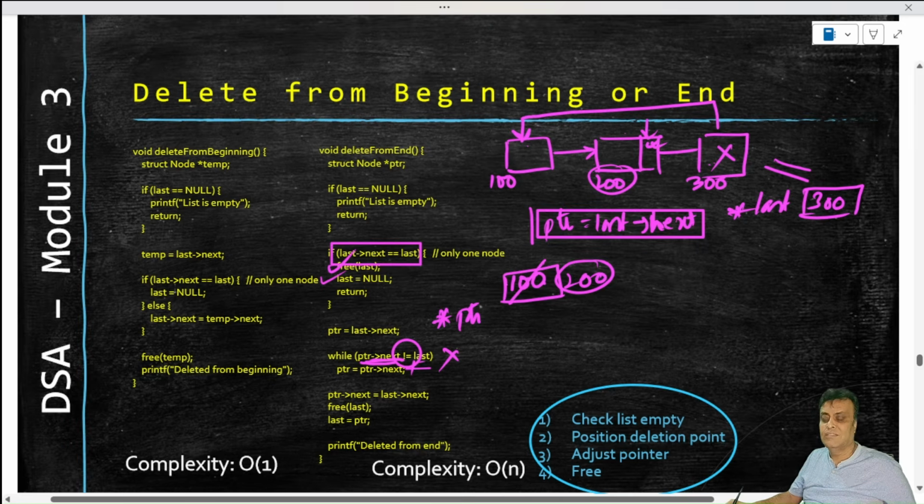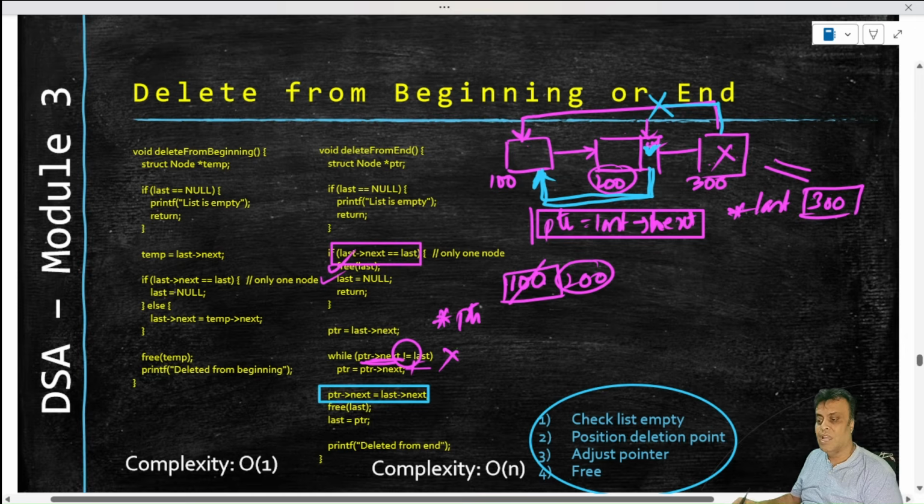I am trying to remove this link and make my PTR next, with PTR at 200, the same link. So last next was this link, and I'm copying that same link here, saying PTR next is established like this, and I don't need last anymore, so I can remove last by free.